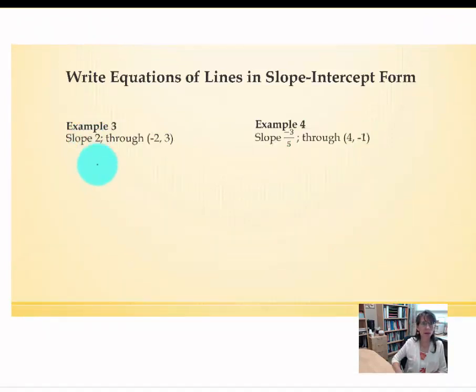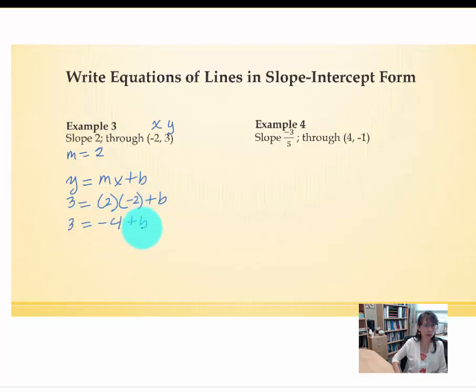For example 3, we don't have 2 points given. However, we are told what the slope is and one of the points that goes on the line. So we have our x value of -2, y value of 3, and m = 2. So we can go directly to y = mx + b and make the substitutions. 3 equals the slope of 2 times -2 for the x value plus b. 3 = -4 + b.